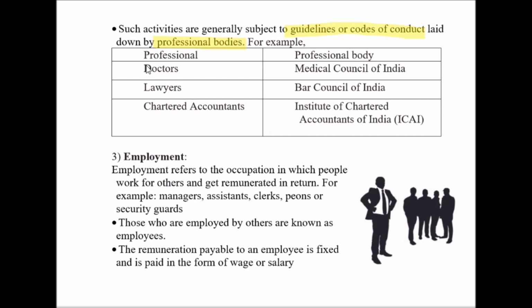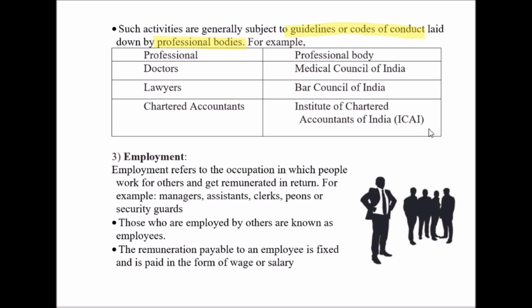For example, all doctors have to follow the guidelines and code of conduct of the Medical Council of India, and if they don't follow, those doctors are not allowed to continue in this profession. Similarly, all lawyers are members of the Bar Council of India. Chartered accountants are also following a code of conduct of a professional organization in which they are members, that is the Institute of Chartered Accountants of India, that is ICAI.